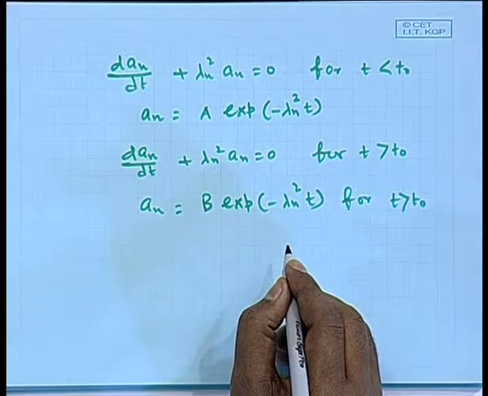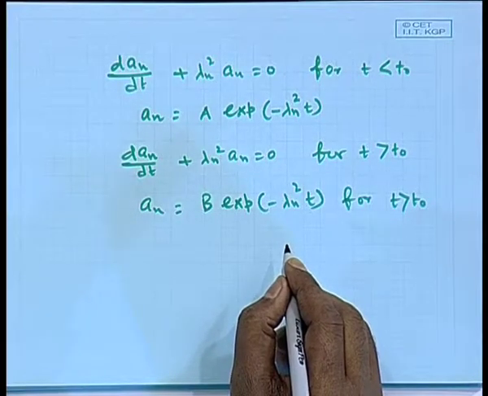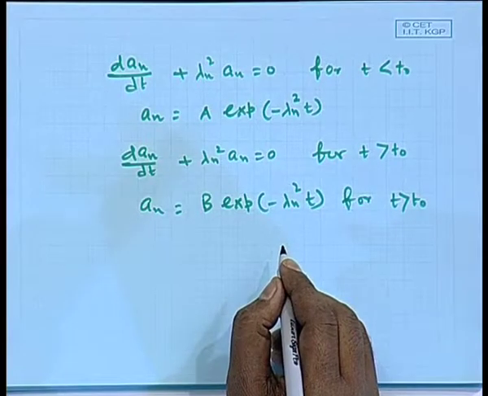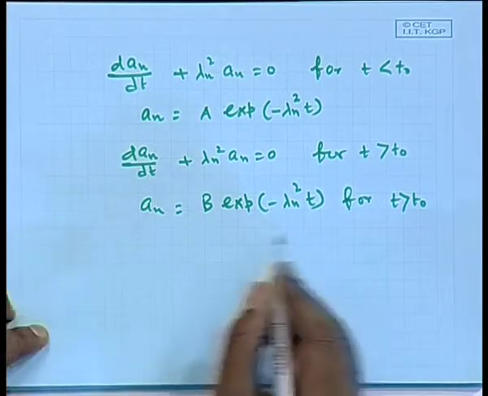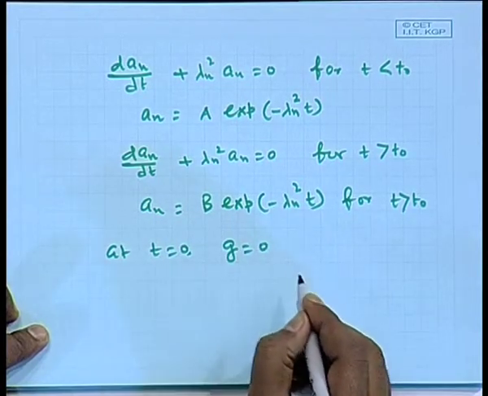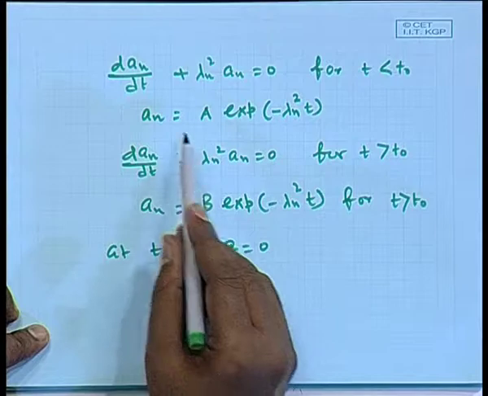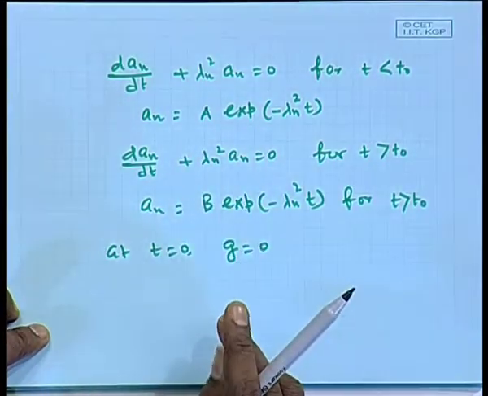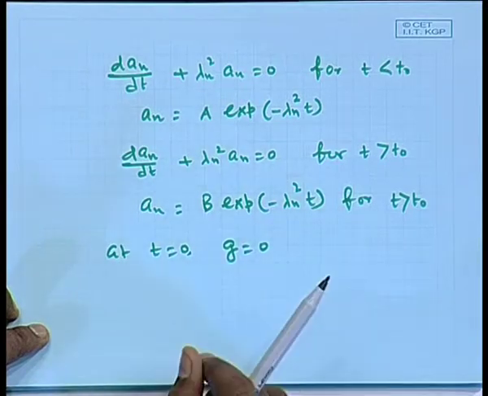Now, you have one condition, if you remember, that Green's function is 0 at time t equal to 0. That means, at time t equal to 0, your g was 0. That means, a_n, this constant a_n must vanish at time t equal to 0, otherwise Green's function cannot be equal to 0.